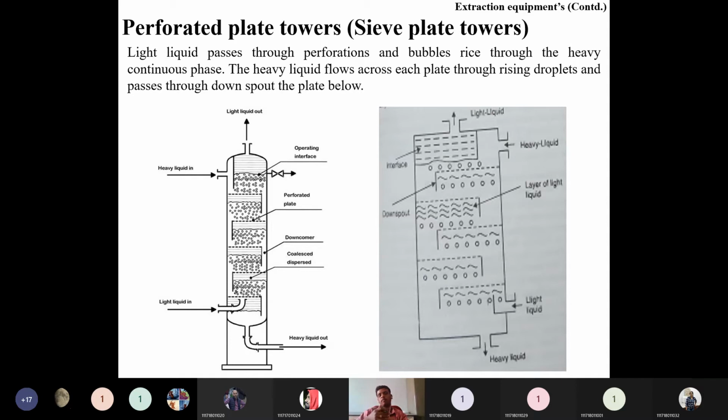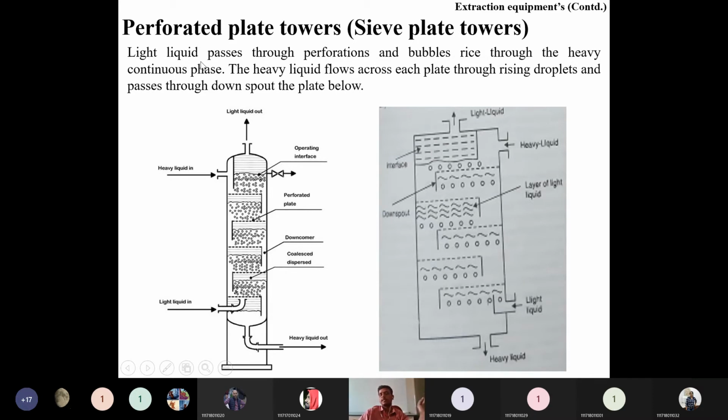Because of this straight flow of two fluids, the intimate contact will be somewhat lower. In order to increase the intimate contact, the time and the length of travel of these two liquids, some restriction has to be arranged in between. That restriction may be packing, or it may be offered by these perforated plates also. So this is going to happen inside this column.